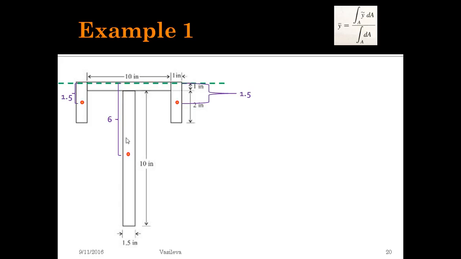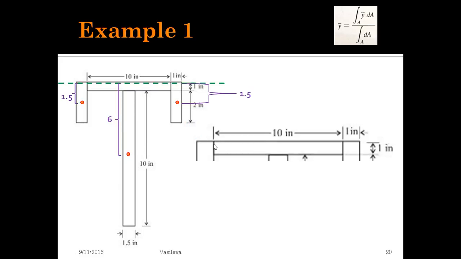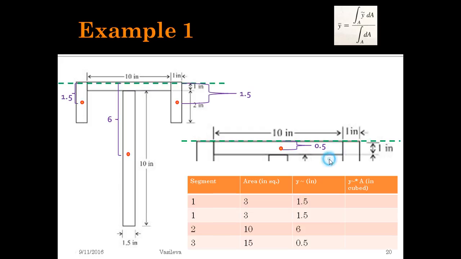Finding this one is a little bit more complicated because you have 1 inch, then you go down another 2 inches, and then you just need to figure out your overall distance here, right? So it'd be 6. And lastly, we want to find the center of gravity for this rectangle from the top. It's 1 inch overall, halfway down is 0.5, and we just write those in.